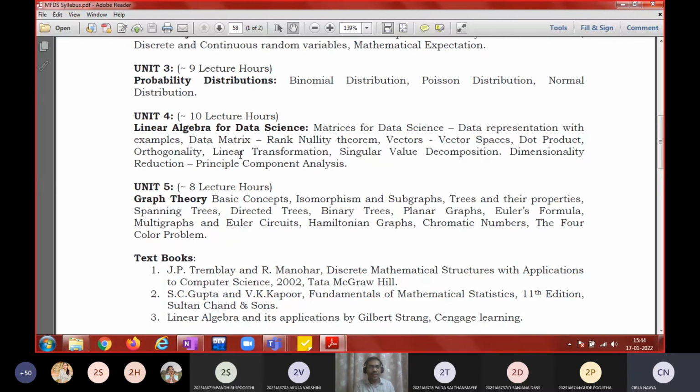Similarly, linear transformation. Rank nullity theorem will come after linear transformation only. So we need to know about these concepts, then only we can come to the rank nullity theorem. And data matrix will come into the picture in principal component analysis. And dimensionality reduction is a part of principal component analysis and singular value decomposition. And this is not actually dot product, this is actually called inner product spaces.